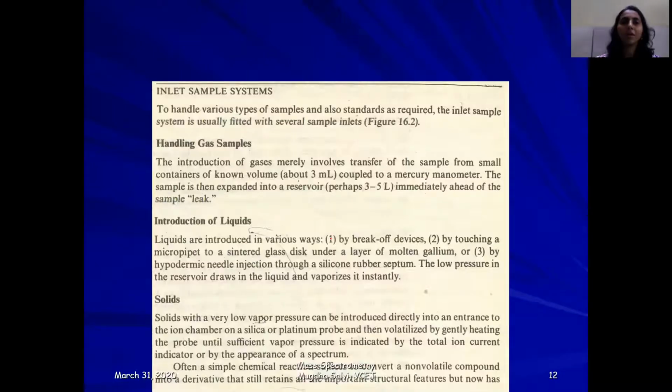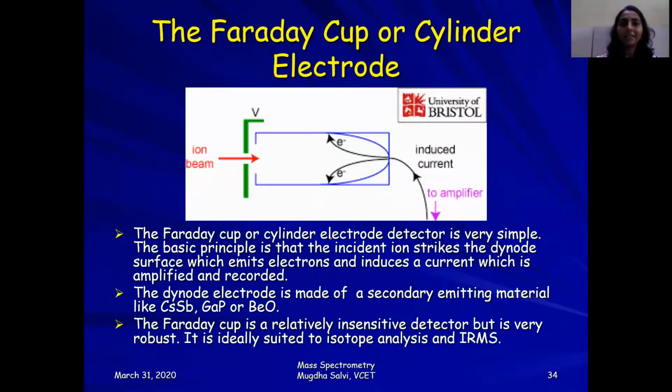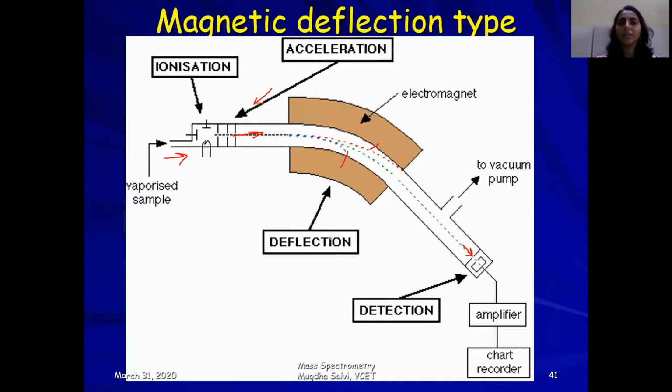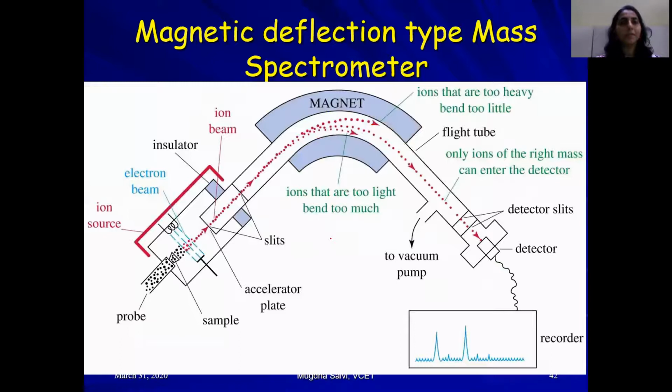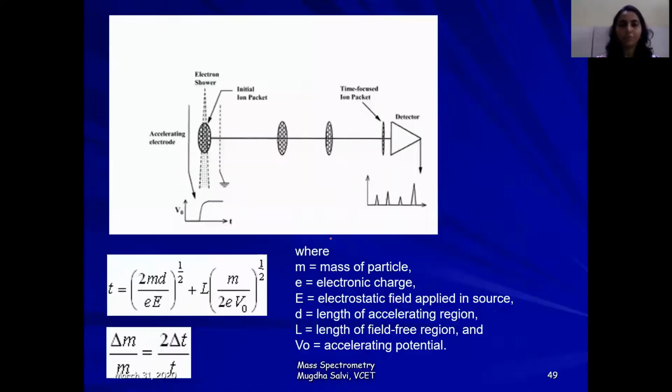For example, for the magnetic type, you would have to draw either this or this diagram. I would suggest you refer to the diagram in the book by R.S. Khandpur. For a time of flight mass spectrometer, again, this diagram will do, but also refer to the diagram in R.S. Khandpur.